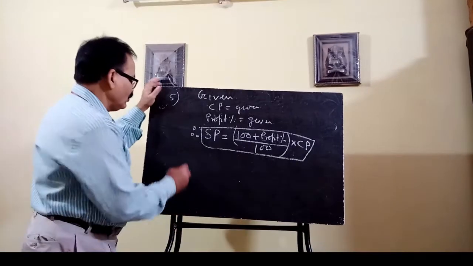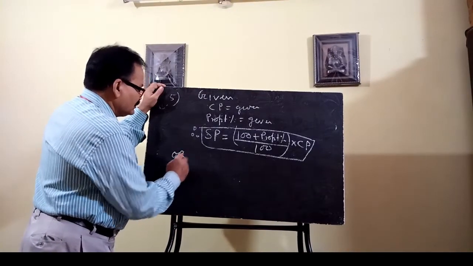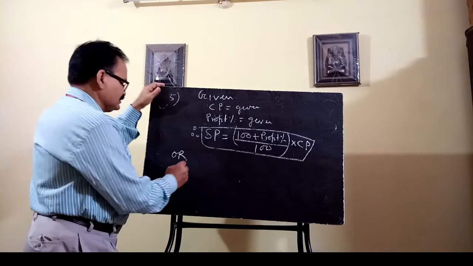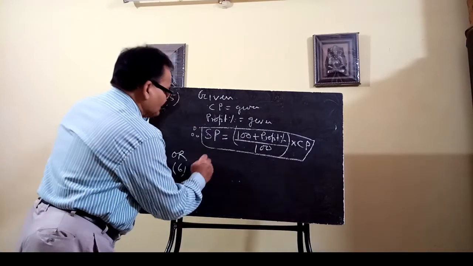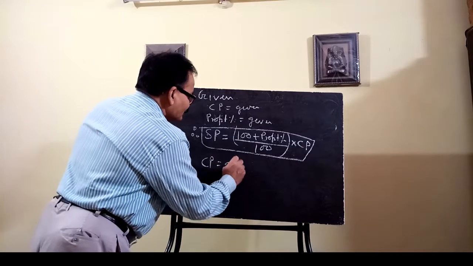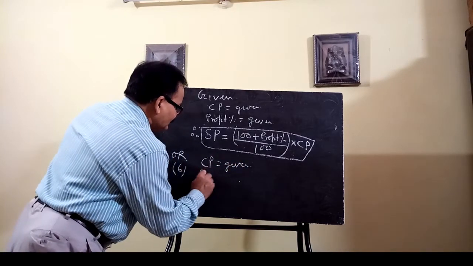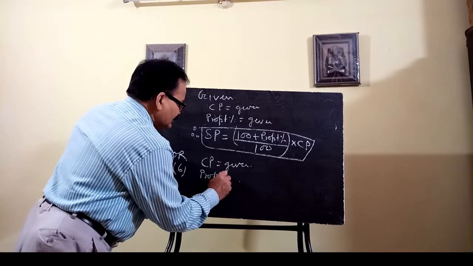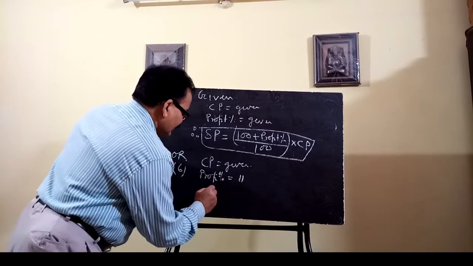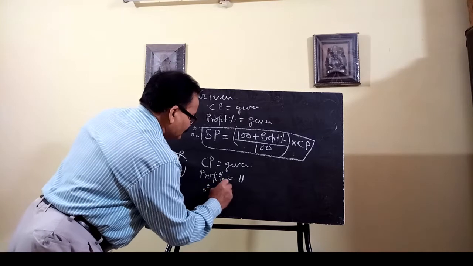Or, that is formula 6: from this CP given and profit percent given, you first find the profit.